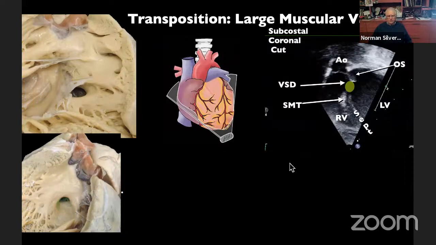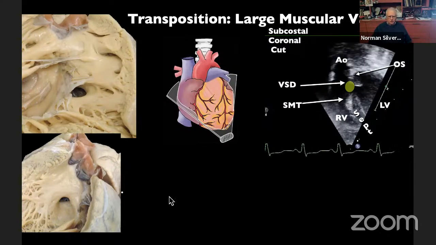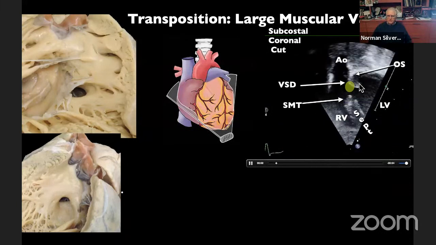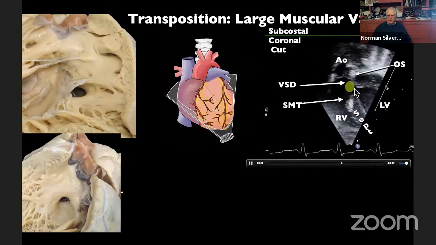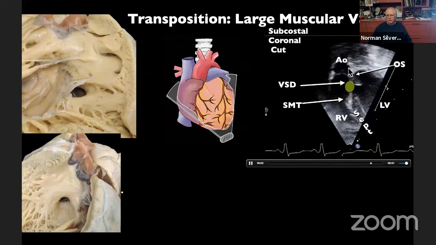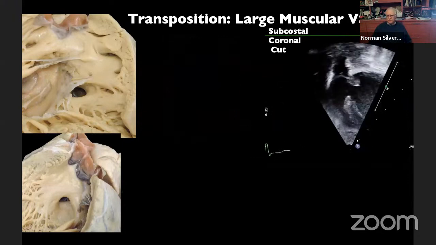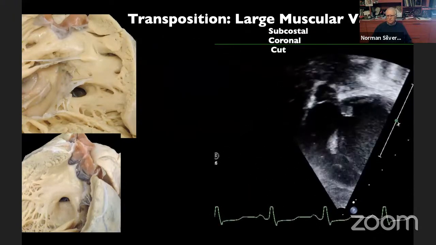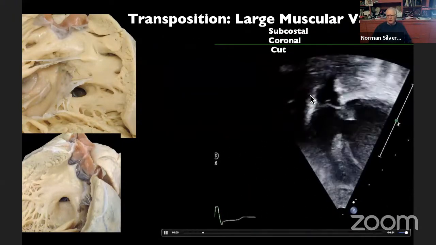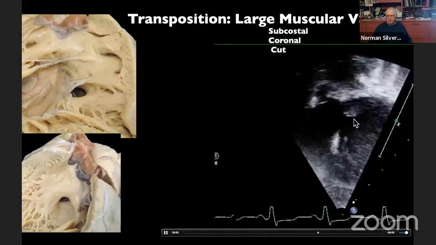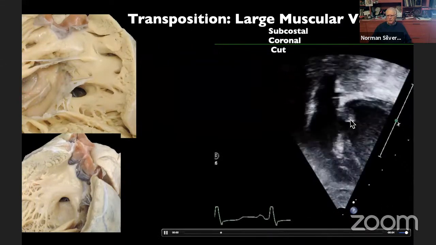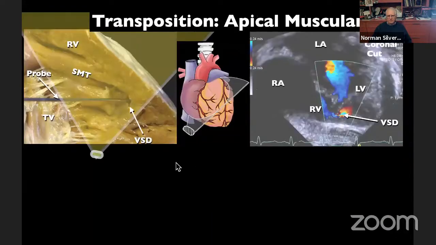And here you can see on the echo an additional feature that there is slight posterior malalignment of the outlet septum, and you can see the ventricular septal defect, the septomarginal trabeculation on the ventricular septum, as well as the coronary arteries arising off the aorta. Anterior right and posterior left coronary artery, and posterior deviation of the outlet septum.